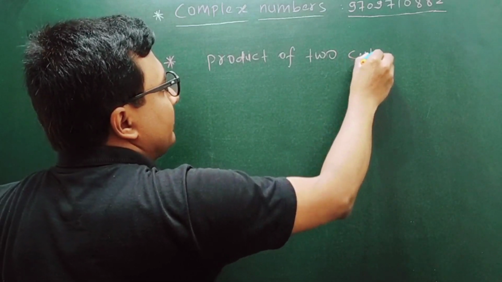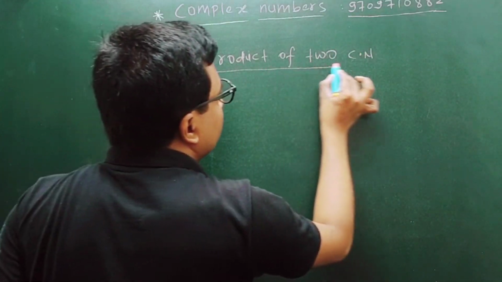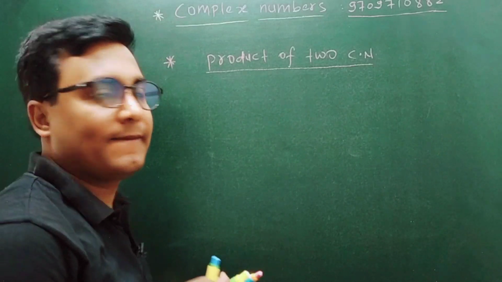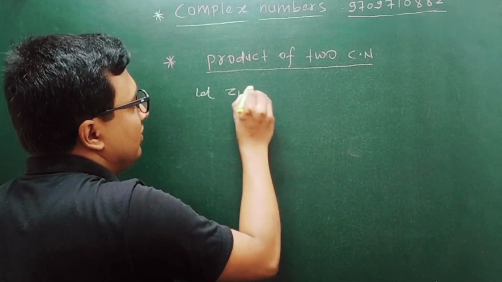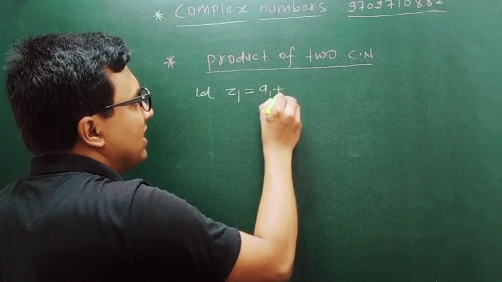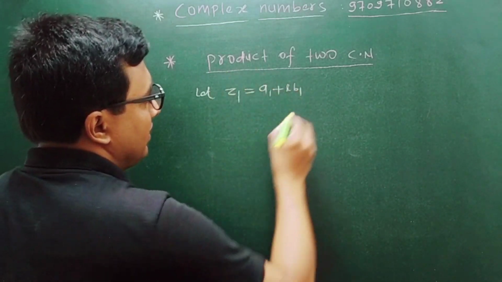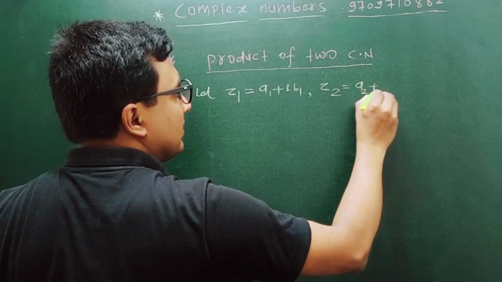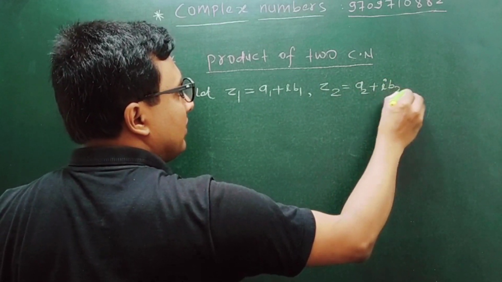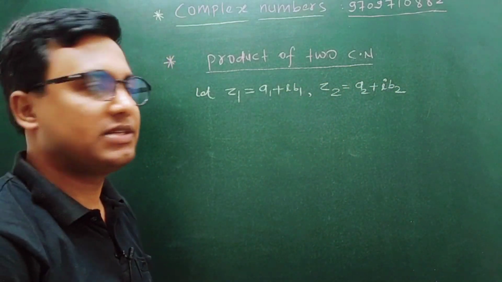Let z1 is equal to a1 plus iota b1 and z2 is equal to a2 plus iota b2, right?